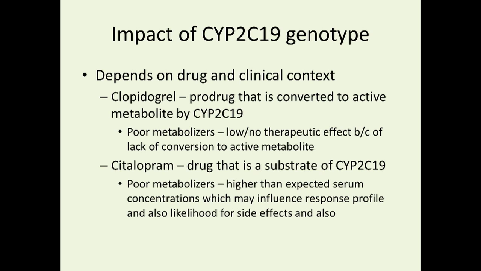So clopidogrel is an antiplatelet medication that essentially needs to be converted into its active form by CYP2C19. So the medication that you take is not the active form, but it needs to get converted by these enzymes. So in this case, the clinical outcome of a poor metabolizer is that you would likely have little or no therapeutic effect because of an impaired ability to convert parent drug to active metabolite.